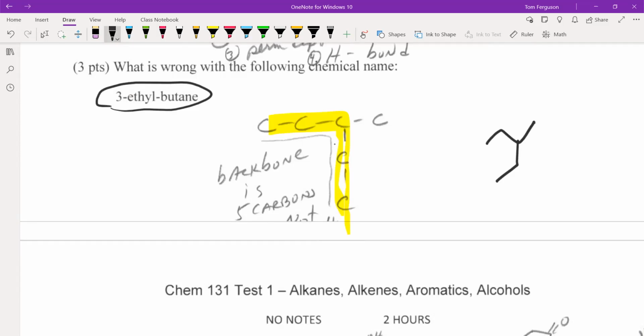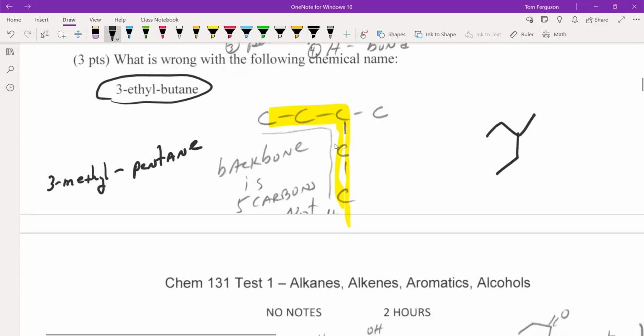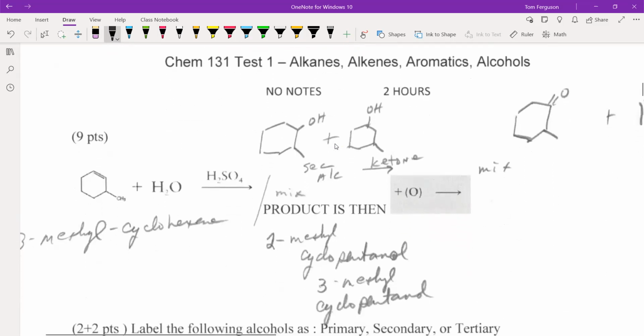So it's going to be methylpentane. Should have been, assuming that's the structure we were after. So be careful when you name stuff that you're not creating branching that should have been part of the backbone. Okay.